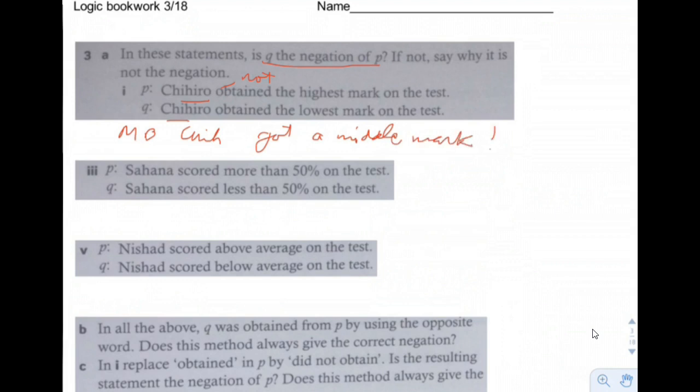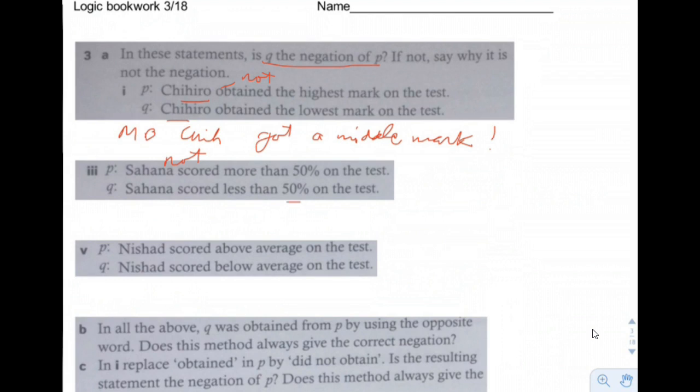Okay. Sahana scored more than 50% of the test. Is that the negation of Sahana scored less than 50% of the test? Well, let's see. So Sahana did not score more than 50% of the test. So is there a case that's not included here? Yeah.